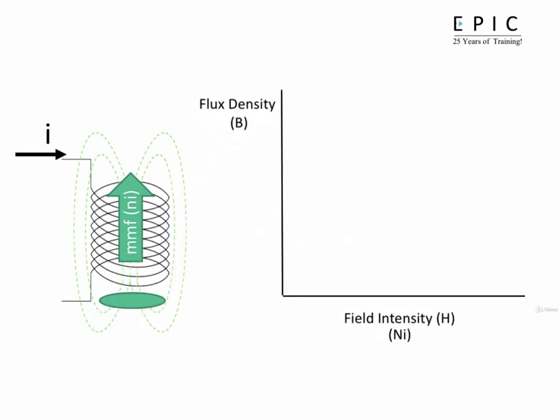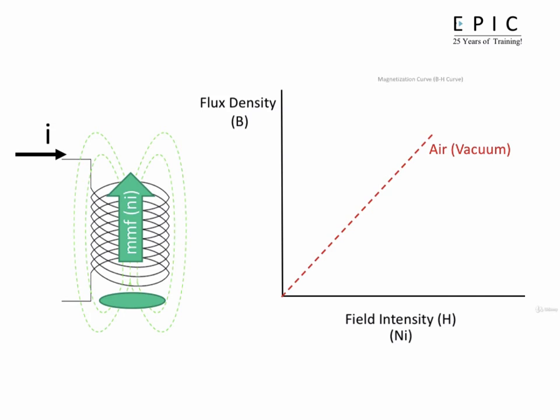If we were to plot this flux density as the current or field intensity increases, it would be linear, or a straight line. This is known as a magnetization curve, or a BH curve, even though it's not much of a curve, but the reason we call it a curve will be evident when we see the next few slides.